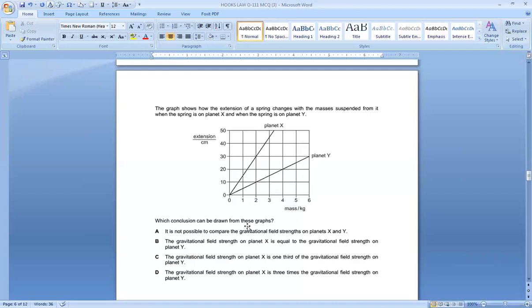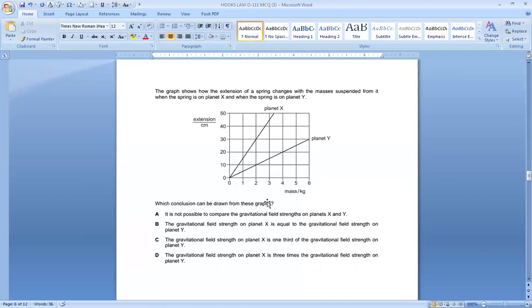If I find the extension per kg for planet X, 45 divided by 3, so I have divided 45 centimeter by 3. It gives me 15 centimeter per kilogram. And if I find for planet Y, I have 30 centimeter for 6 kg.